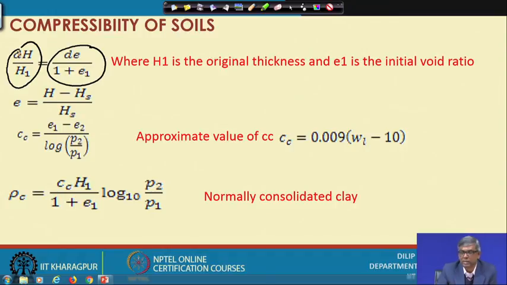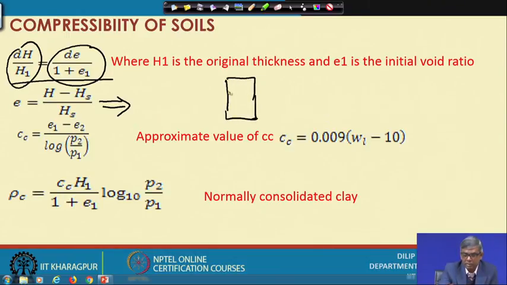If we consider the consolidation to be one dimensional, that means there is no change in the lateral dimension, only compression in the vertical direction, then this relationship is valid. And another definition of void ratio: if I know the soil volume is V and the cross sectional area is not changing.